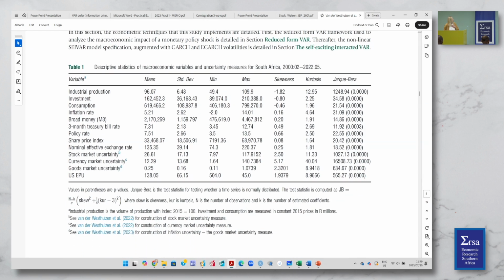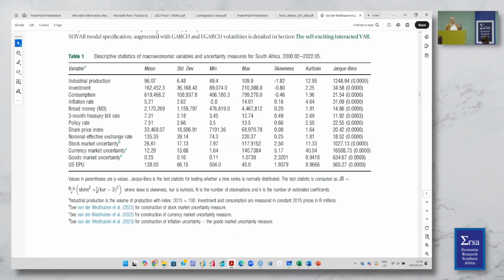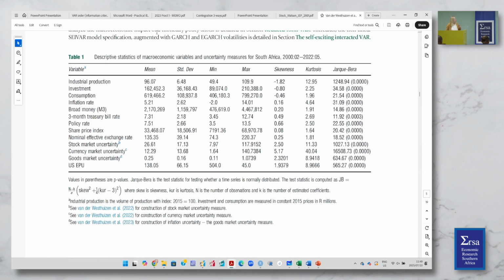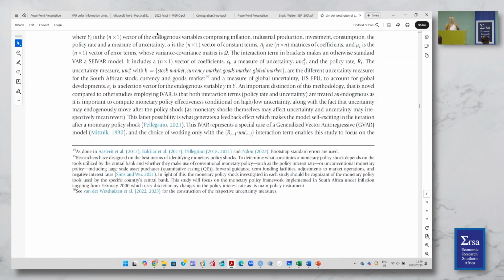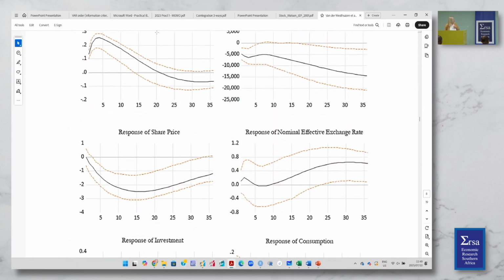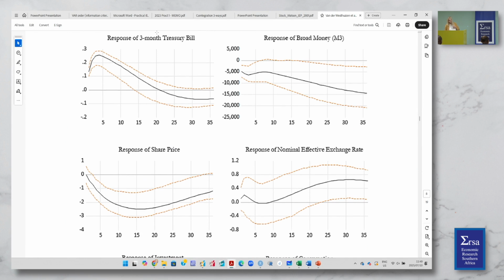So we threw everything in here under the kitchen sink, basically all the monetary variables, in order to follow Pellegrino et al. to assess the impact of the policy changes. And you can see this is still the older software.